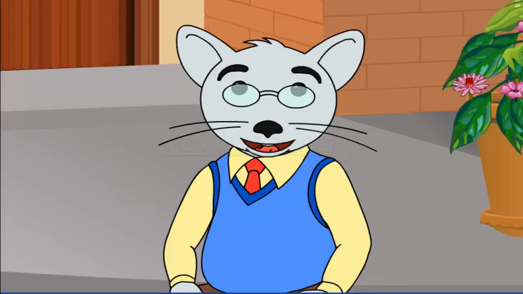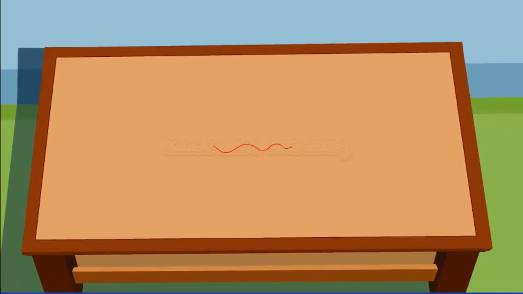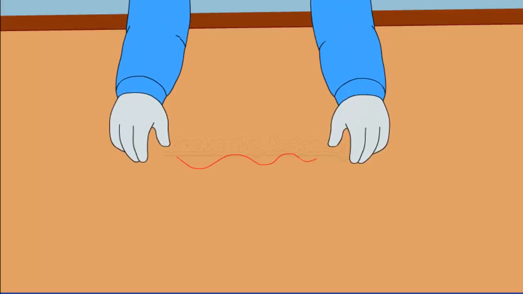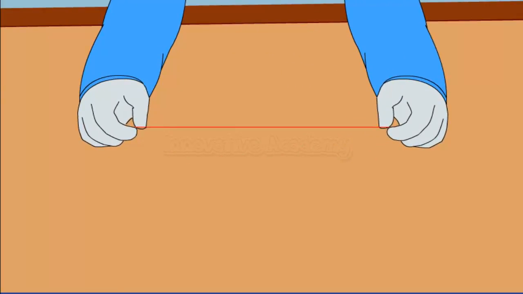Students, now look at this table. There is a thread on the table. Look at this thread. What does it look like? Now let us stretch this thread by holding its two ends. How does it look now?